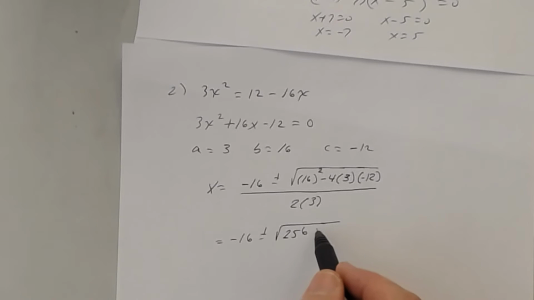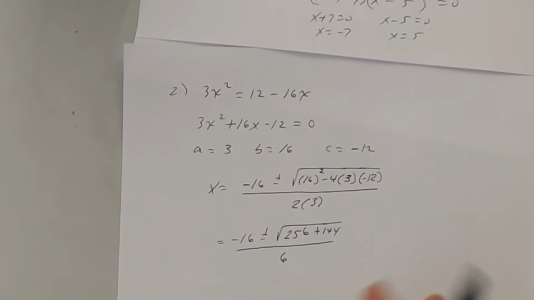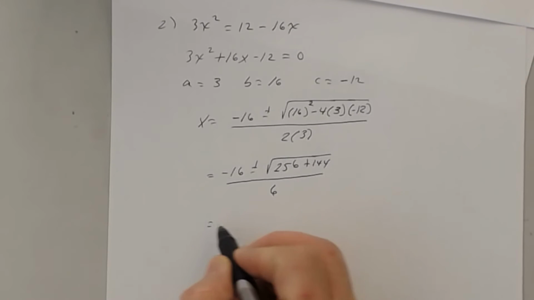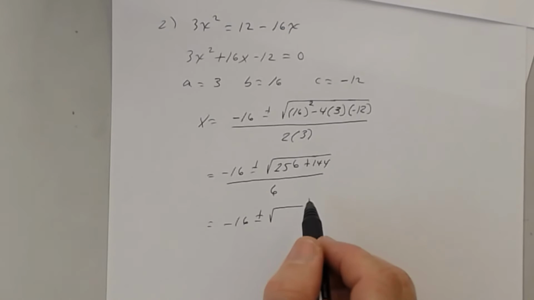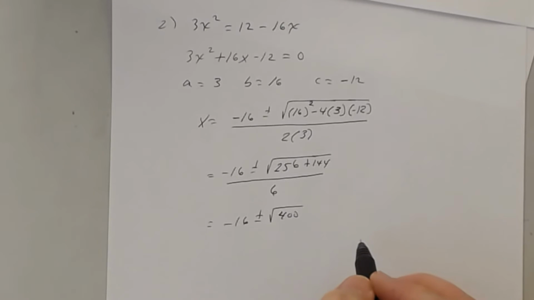Positive 144. All divided by 6. Okay, so I get negative 16 plus or minus the square root of. Now tell me what the discriminant is. 400.